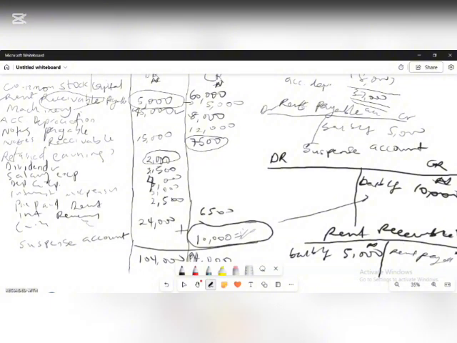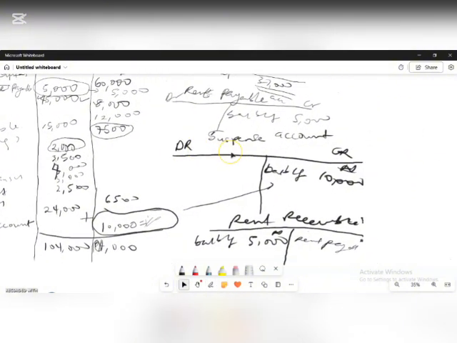Okay, so in this case, we make this correction by posting here saying rent receivable transfer to rent payables. Okay, so let me shift that. Rent payables, so that's 5,000. So we have from rent receivables, we have 5,000.